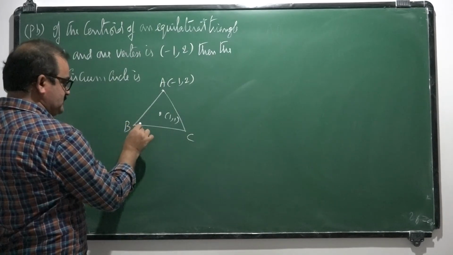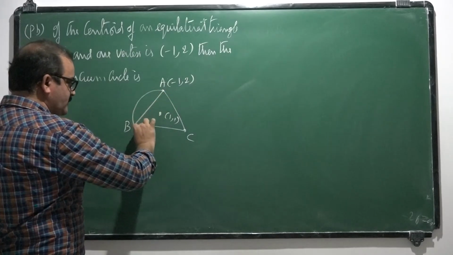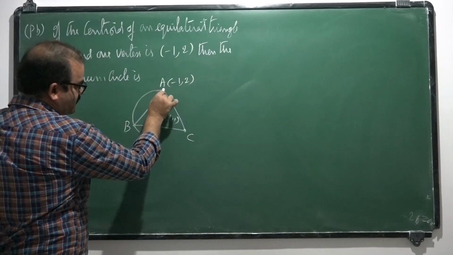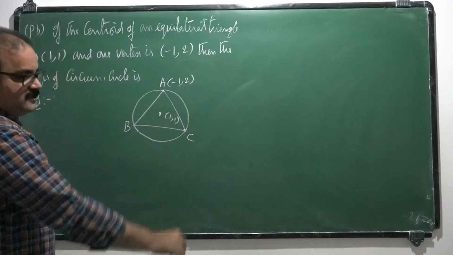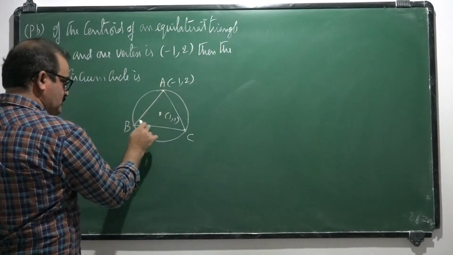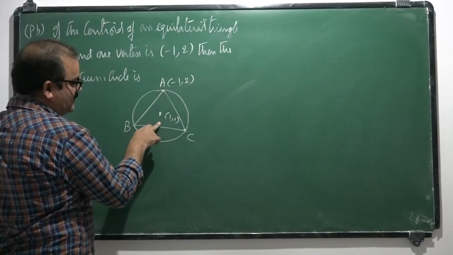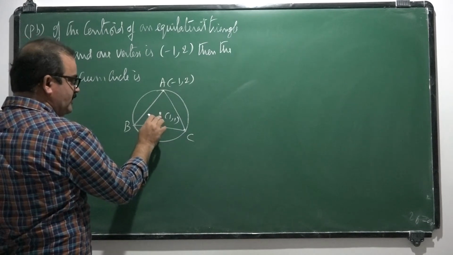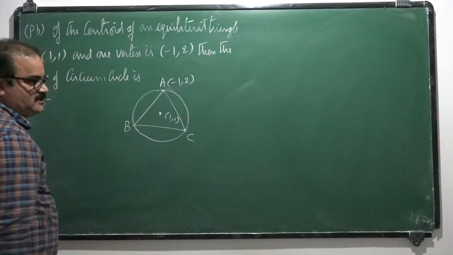We already discussed, circumcircle means it is a circle passing through three vertices of the given triangle. Here the triangle is equilateral. If the triangle is an equilateral triangle, then the centroid becomes the center of the circumcircle.